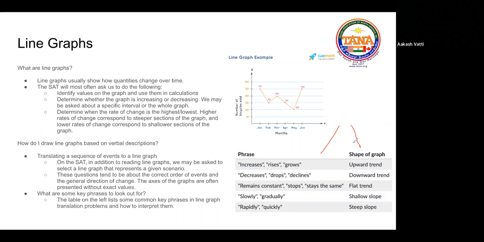Remains constant, stops, and stays the same would be just a flat line, which doesn't increase or decrease. I drew that badly. It's just a straight line. Slowly and gradually mean a shallow slope: it's increasing or decreasing, but at a very slow rate. Rapidly and quickly mean it's increasing or decreasing really fast.